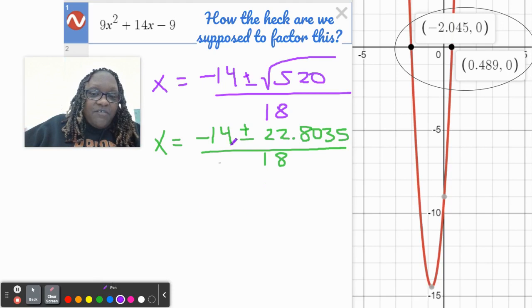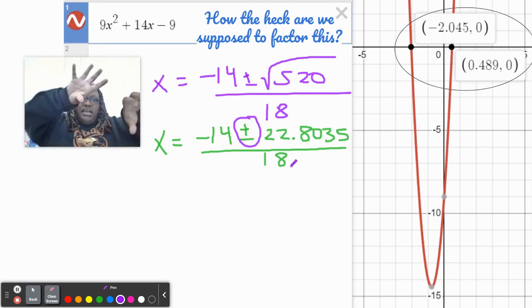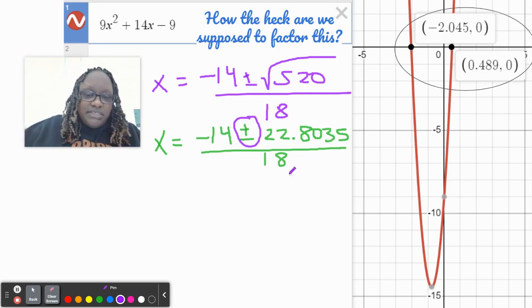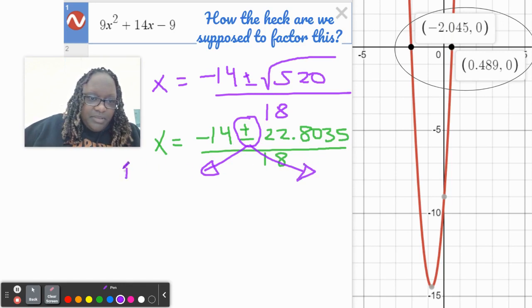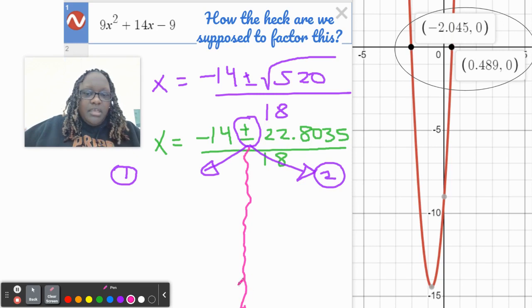Okay. So now, because I have this plus minus, what this is saying is there's 2 possibilities for the answers. And so I'm going to go with one possibility on one side and the other possibility on the other side. So possibility number 1 and possibility number 2. All right.